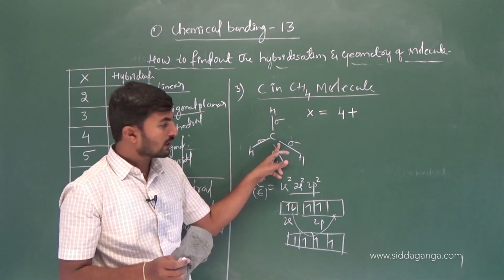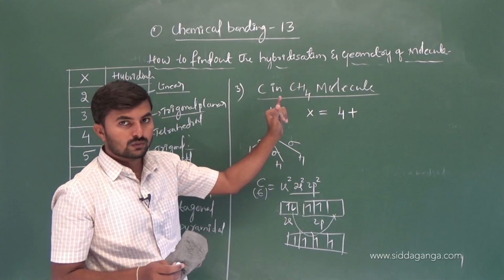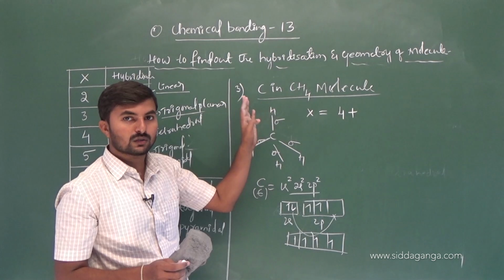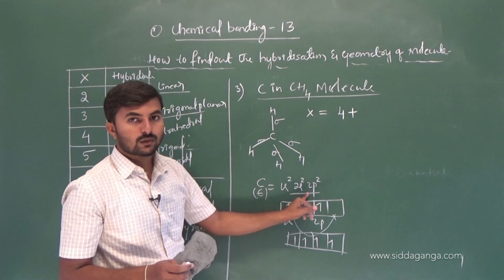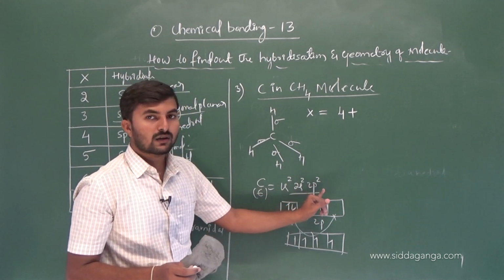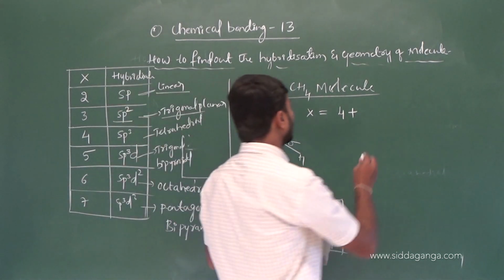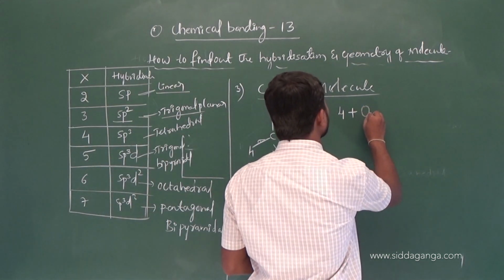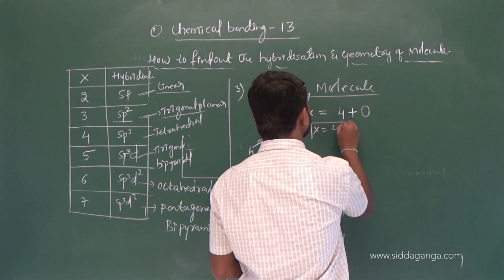That is why for carbon in CH4, or carbon in any molecule, the lone pairs of electrons are 0. So the value of x remains 4.